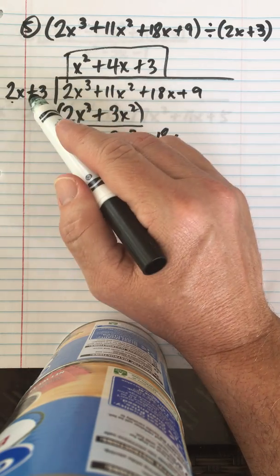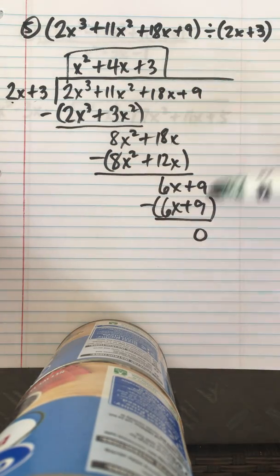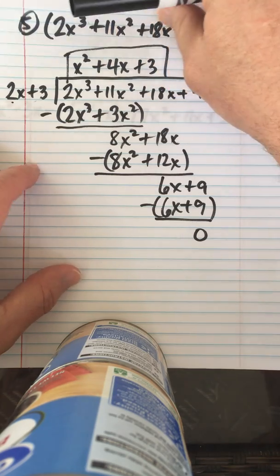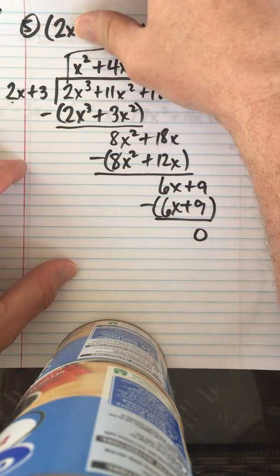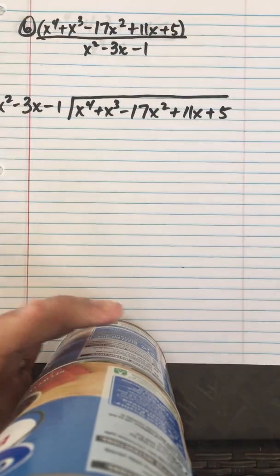I could get 2x plus 3 is one of the roots, and we'll talk about that later. But having a 0 as a remainder means that it went evenly, which means it was one of the factors of that original problem. Okay? So that's how simple long division is.